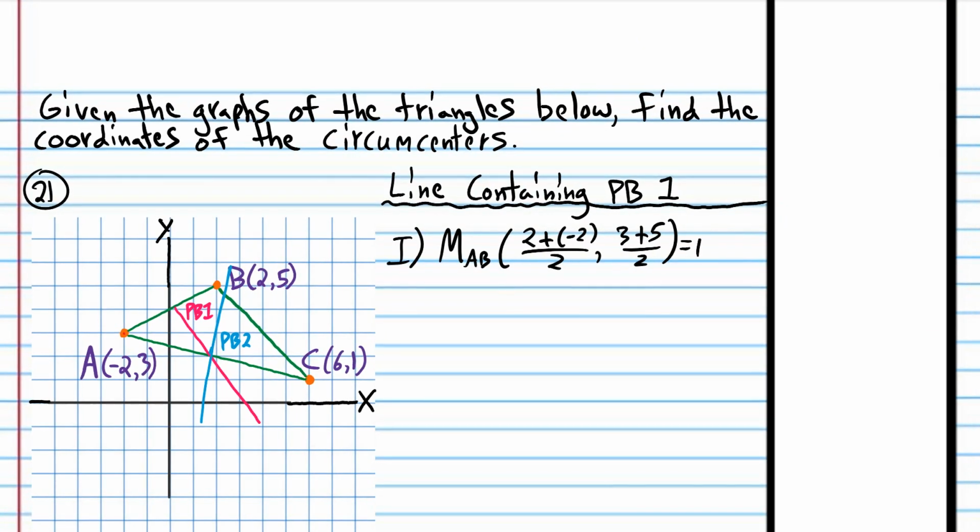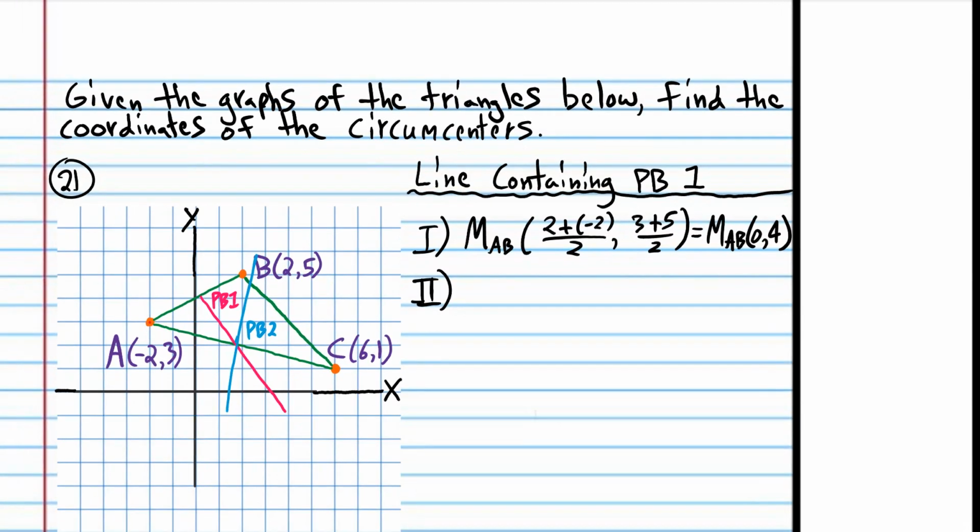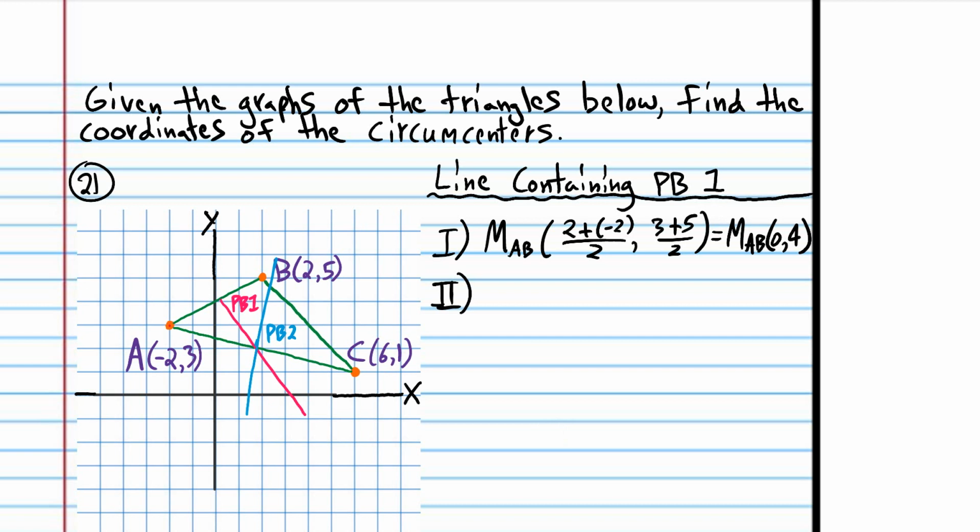And we get 0 and 4. So now that's a point on the perpendicular bisector. Now we have to find the slope of the perpendicular bisector. So if we're going to find the slope of AB, using B as the second point, we have 5 minus 3 over 2 minus negative 2.